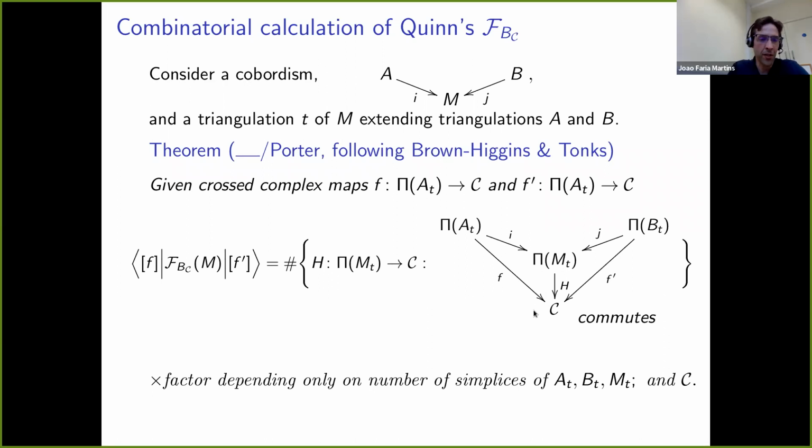This is actually the big simplification that happens for the case of classifying spaces of crossed complexes. It might also be the case for general simplicial groups, but I do not know. Maybe at some point I should be looking at it. Right, any questions? I think the next page is already about the extension of Quinn TQFT.